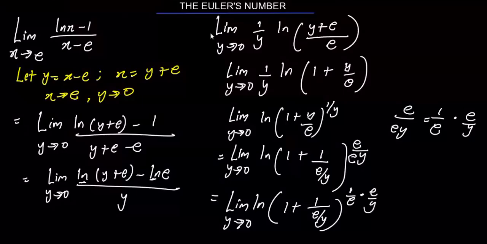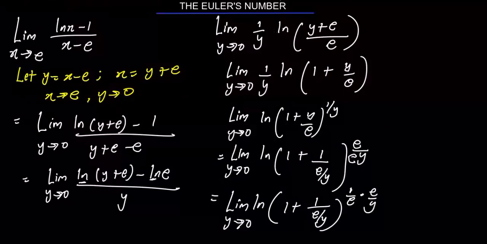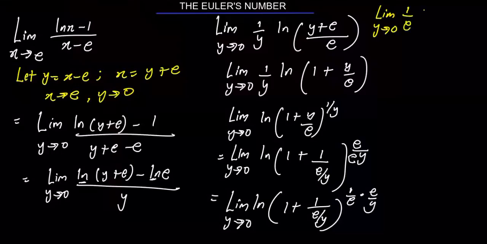Alright, that's what I have. So this 1 over e can come down here just as a logarithm. So I can have limit as y tends to 0 of 1 over e ln 1 plus 1 over e over y, then raised to power e over y.